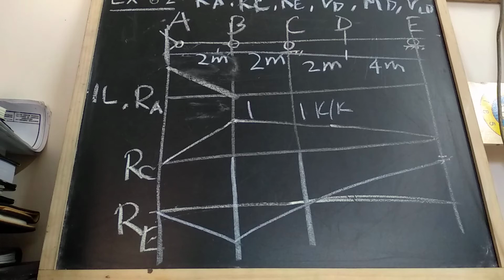So first of all, we have to determine the influence lines for reaction at A, C, and E. If you look at the board, I have already drawn the influence lines for reaction A, C, and E. First of all, we have to look at reaction A. At point A, the support is actually inclined by 90 degrees, though it looks like a fixed support.